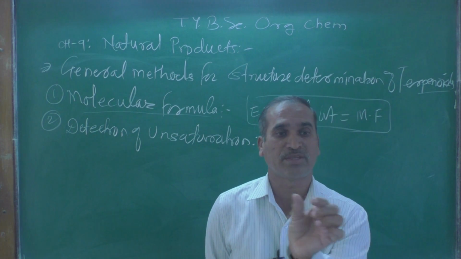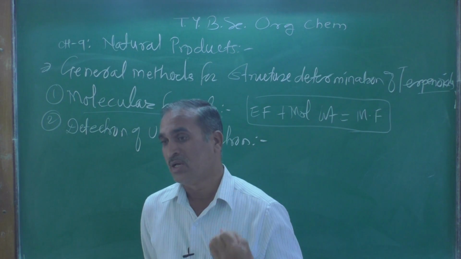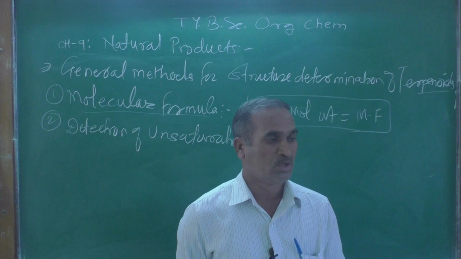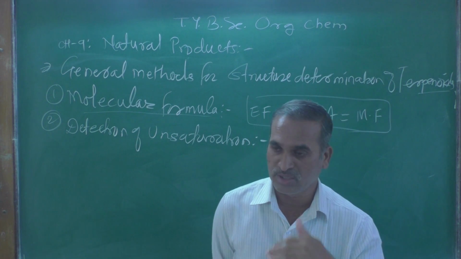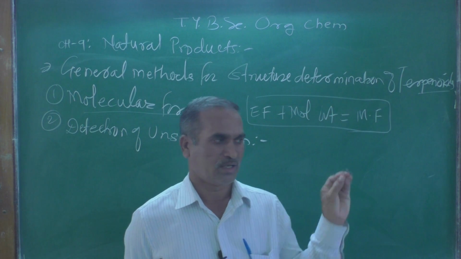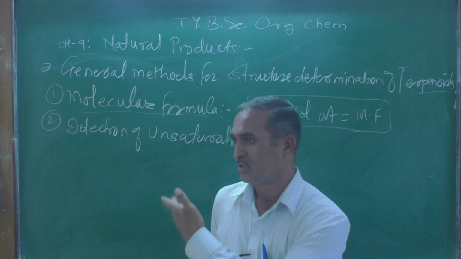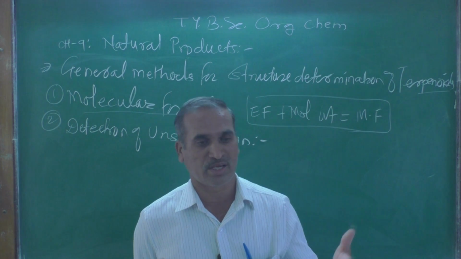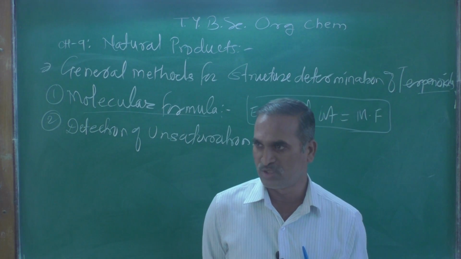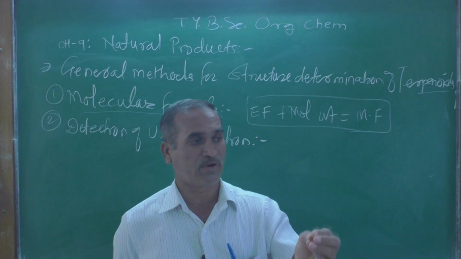By performing that test, we can easily come to know the saturation and the unsaturation. These are tests generally performed in the lab during organic qualitative analysis, by undergraduate as well as postgraduate students.